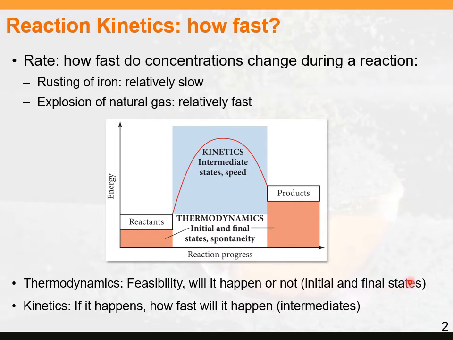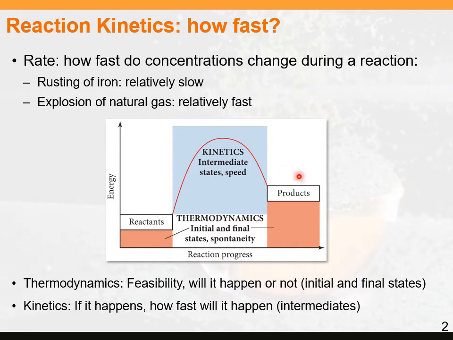And this depends only on the initial and final states. On the other hand, kinetics depends on the intermediate states, and it tells us how fast the reaction will happen, if it will happen, as determined by thermodynamics. The kinetics aspect depends on the intermediate state because the intermediate state forms a barrier between the reactants and the products.